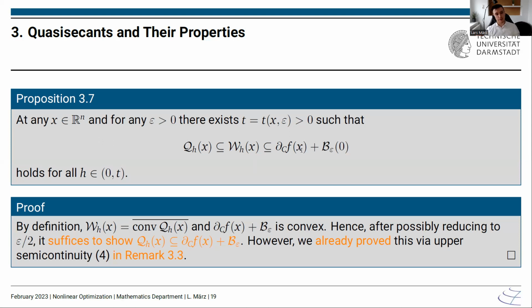And you might say, okay, we still have the closure, but the closure doesn't add to the diameter. So if we reduce to epsilon over 2, for example, then the closure doesn't bridge this epsilon over 2. So it really suffices to show the inclusion from the very left to the very right, and omit the middle part.